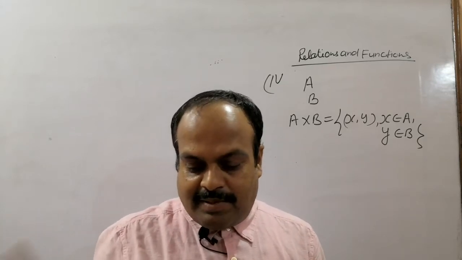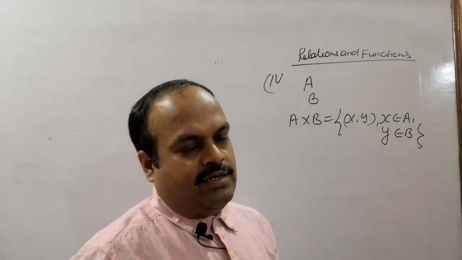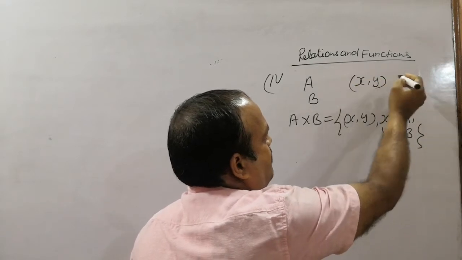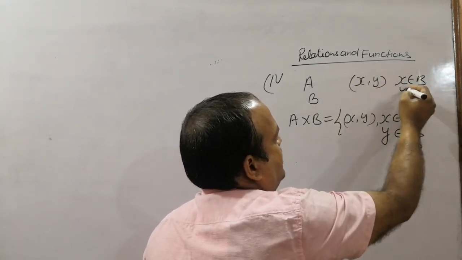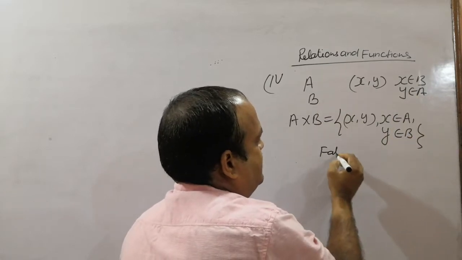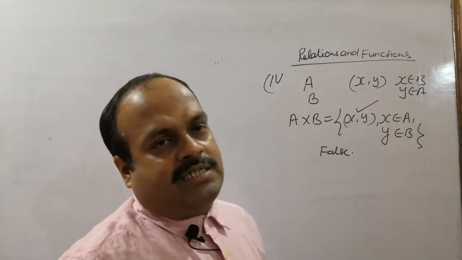It says that x belongs to B and y belongs to A, which is not correct.